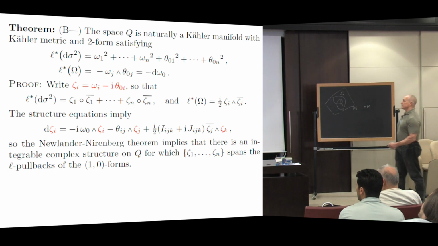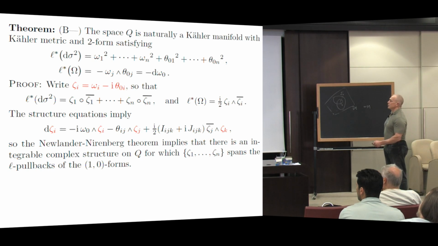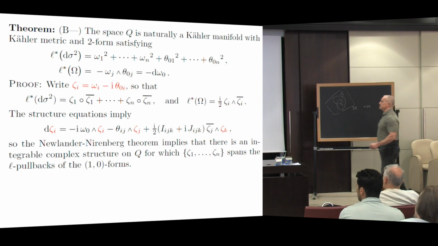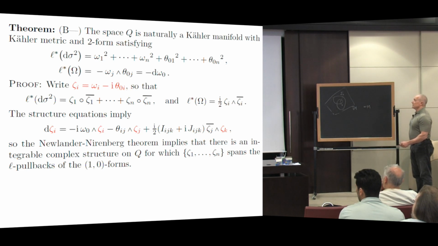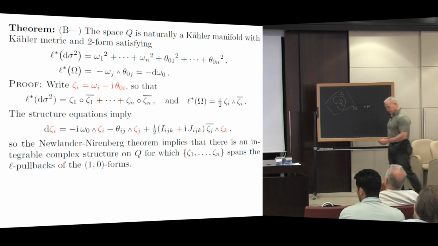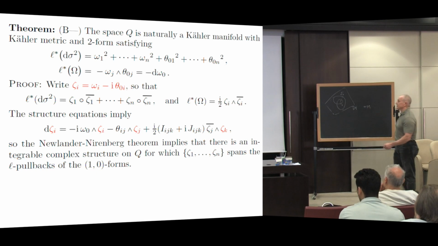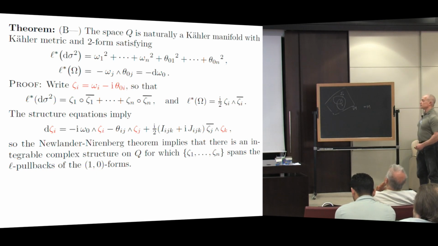In particular, that implies that these (1,0) forms are closed under exterior derivative, so the Newlander-Nirenberg theorem guarantees that there's an integrable complex structure for which these forms, which are defined up on F, actually span the pullbacks of the (1,0) forms. So there's a canonical, literally integrable complex structure on Q, for which that's true.